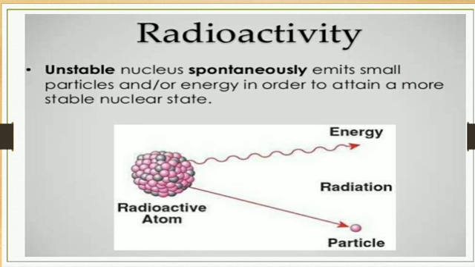So we know stable atoms and unstable atoms. An unstable atom or unstable nucleus spontaneously emits small particles and energy in order to attain a more stable nucleus state.